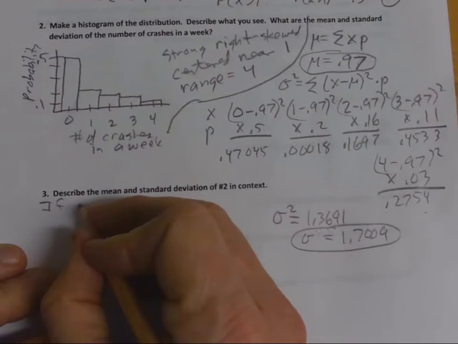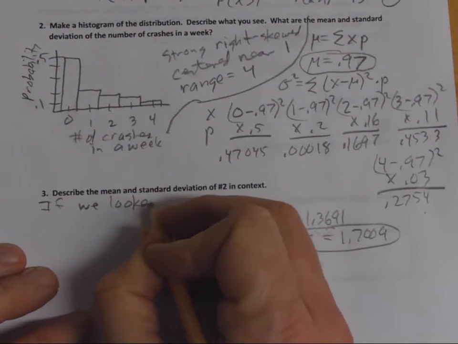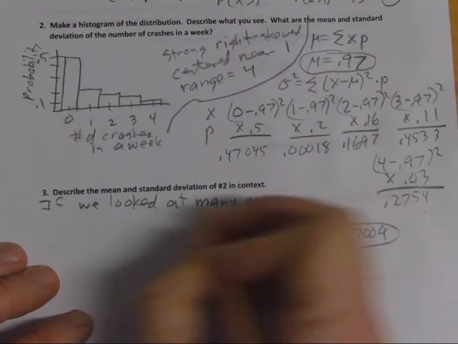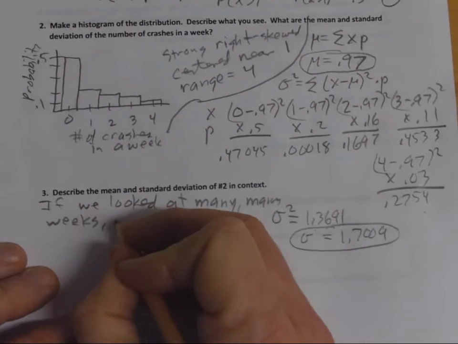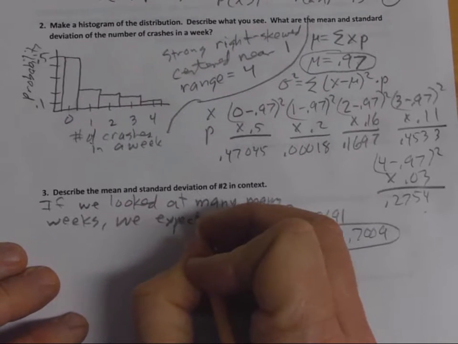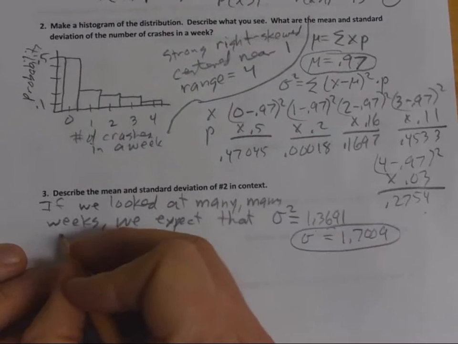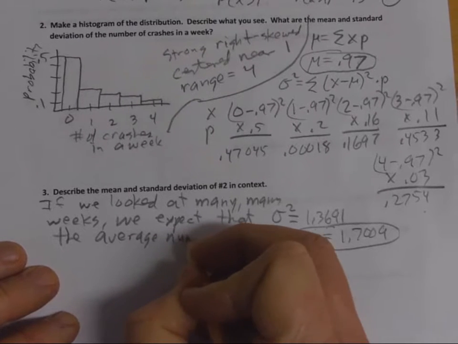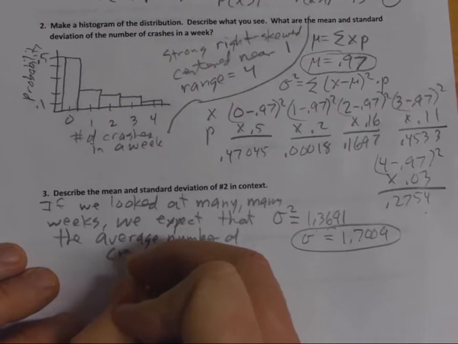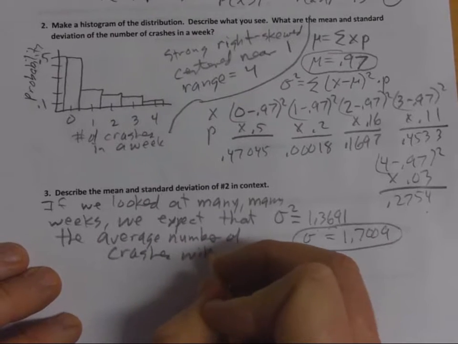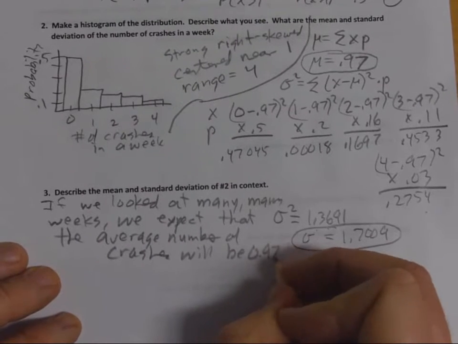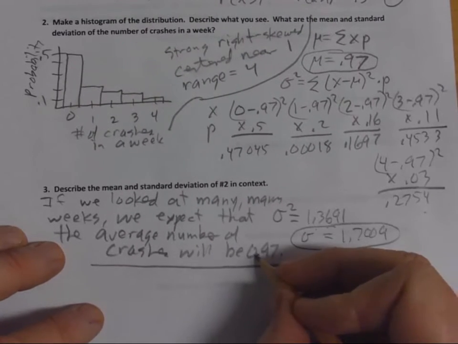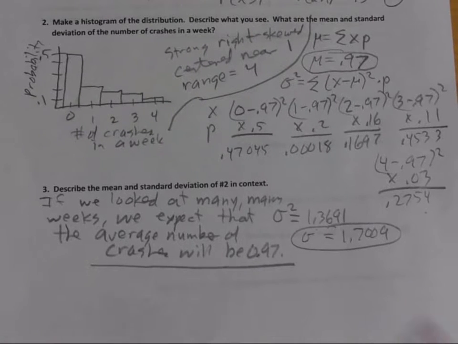If we looked at many, many weeks, we expect that the average number of crashes will be 0.97, and don't round that. It's very important that you don't round that. Don't say, well, it's going to be about 1. Leave it as 0.97.